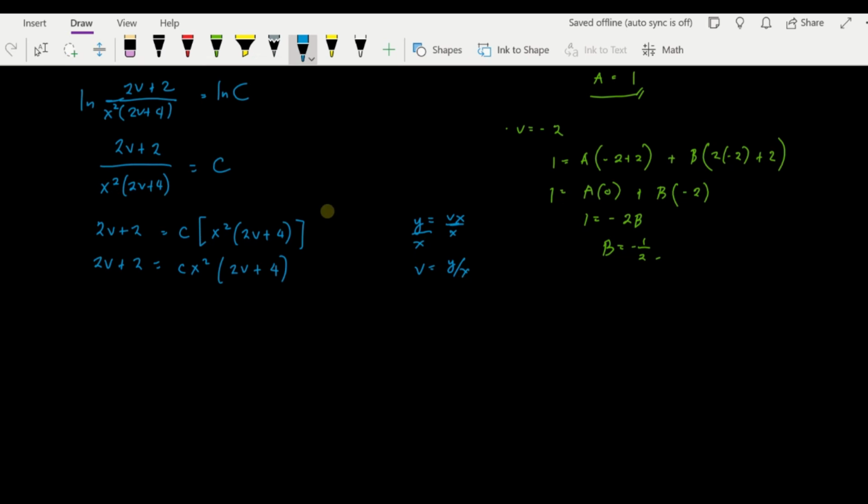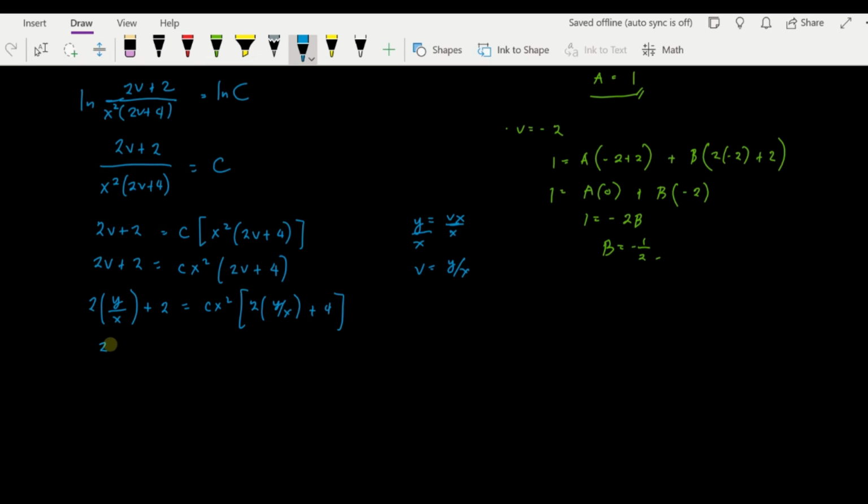Okay. Substitute lang natin yan. So, 2 times the value of v is y over x. Okay. Plus 2 equals cx squared times 2 times y over x plus 4.